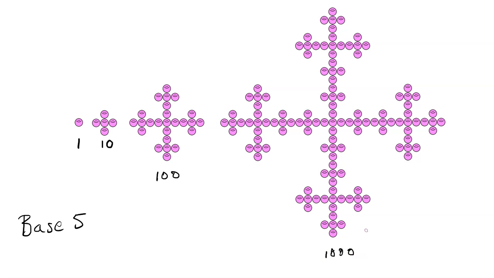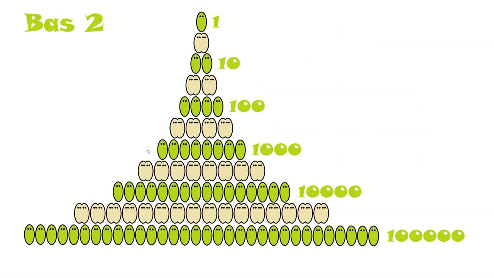And this is just as legitimate as doing it in any other base. For example, in base 2, we would have groups of 2. So this is our 1, and then this is our 10. This is our 100. This is our 1000, and 10,000, 100,000, and so on.